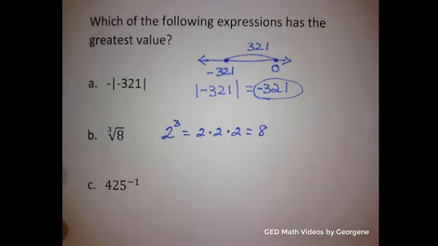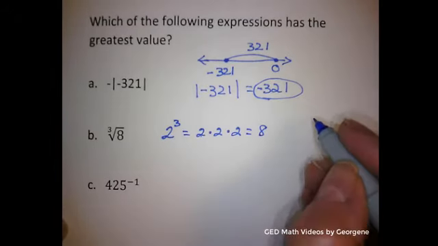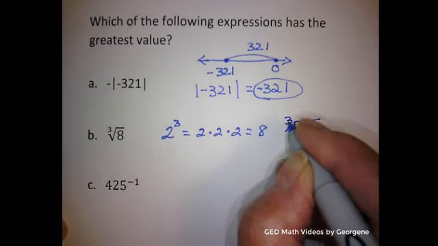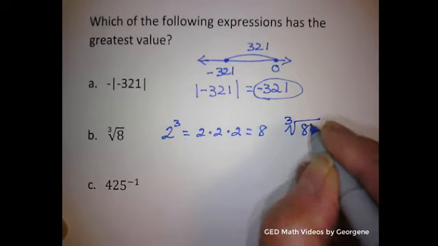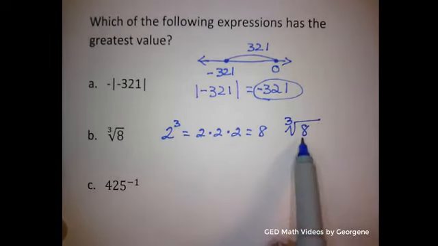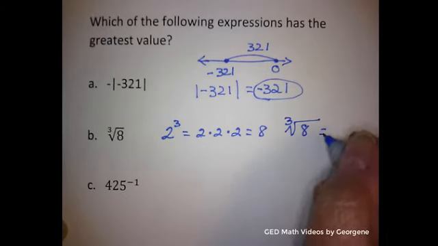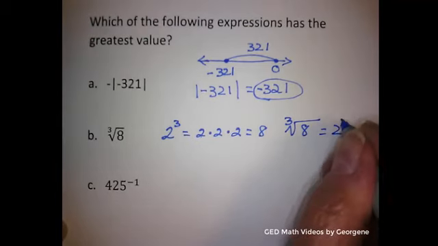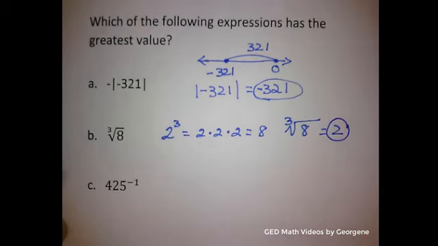So if I take the opposite of that, that's where you have the cubic root. And that's how they write it, with a little 3 up there. The cubic root of 8 then is going to be 2. So far, we've got negative 321 as our answer for letter A. Letter B is going to be a positive 2.